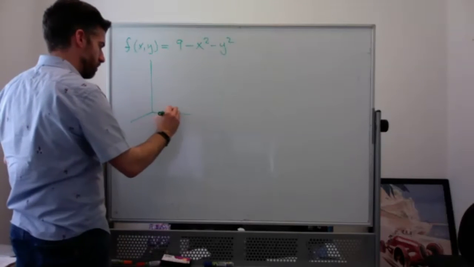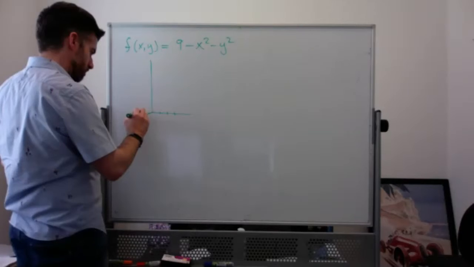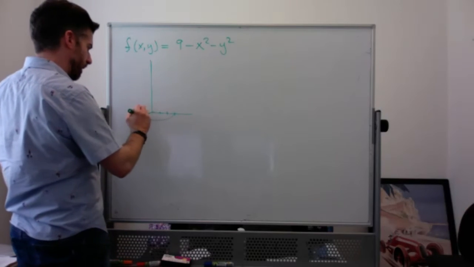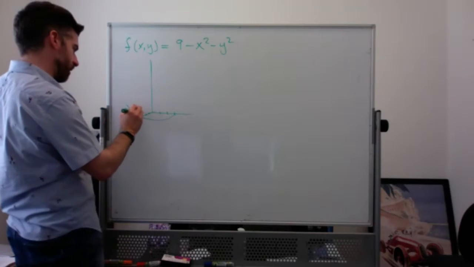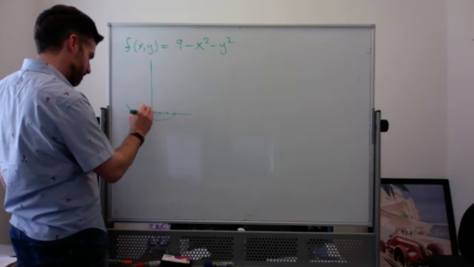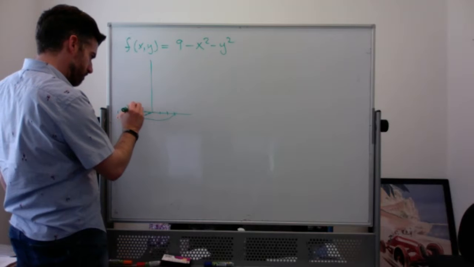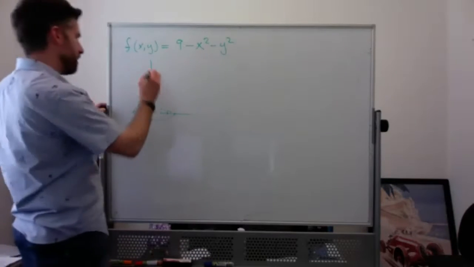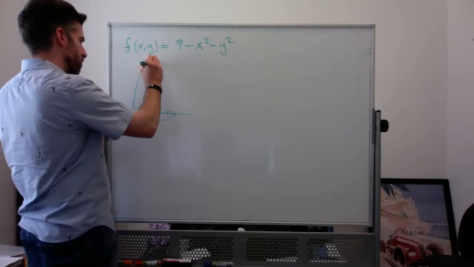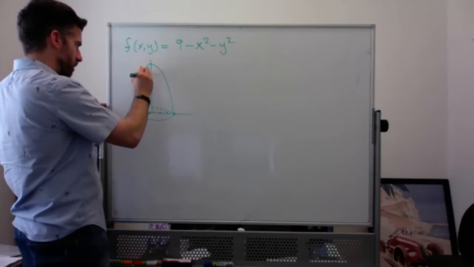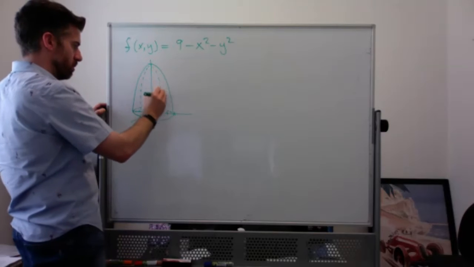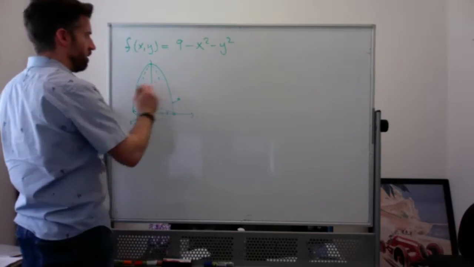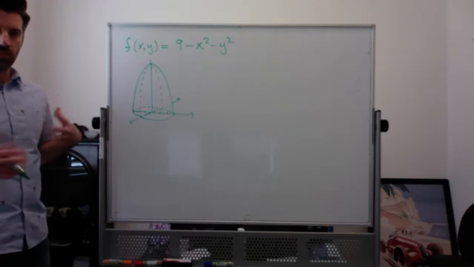Okay, 1, 2, 3. Sorry, I said I wasn't terrible at drawing it. Now I'm about to suck at drawing it. There we go. Okay. And it kind of does this little parabola looking thing. You can also do that if you want it to come out at you. Okay, so there's the paraboloid opening downward, 9 minus x squared minus y squared.